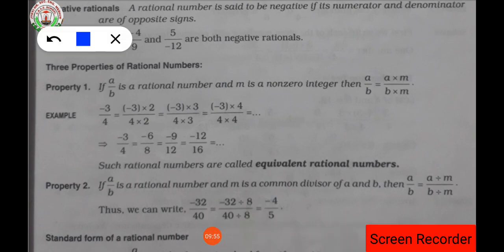Suppose we are having 1 by 2 where a is 1 and b is 2. Okay, what is the value of a? A value is 1 and b value we are having 2. Clear? Now, since as I told you that 1 by 2 is a rational number, we will consider the value of m as 3.